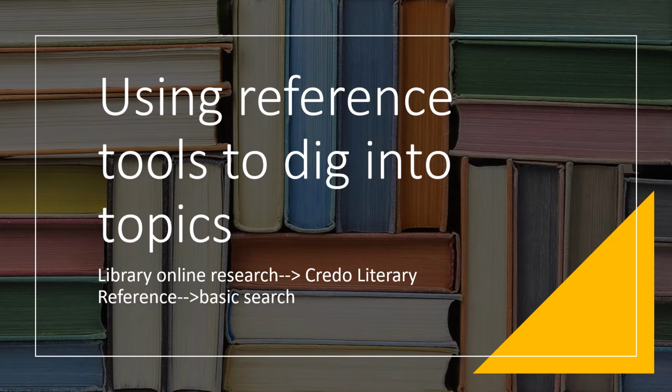So it was Credo Literary Reference, I think is what I used, but it's Credo, and I just did a basic search and typed in these terms and came up with a number of resources mainly from different encyclopedias and dictionaries. Different types, you'll see that there are lots. They're sociological, political science, literary, different types of resources.